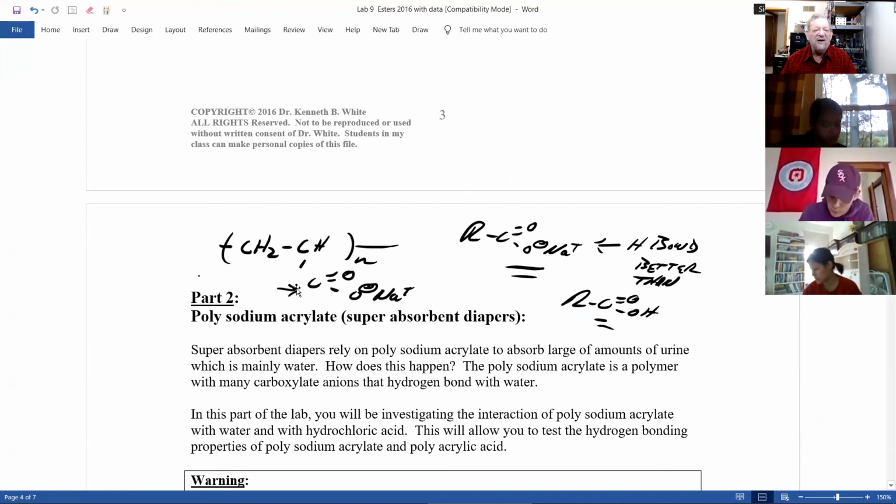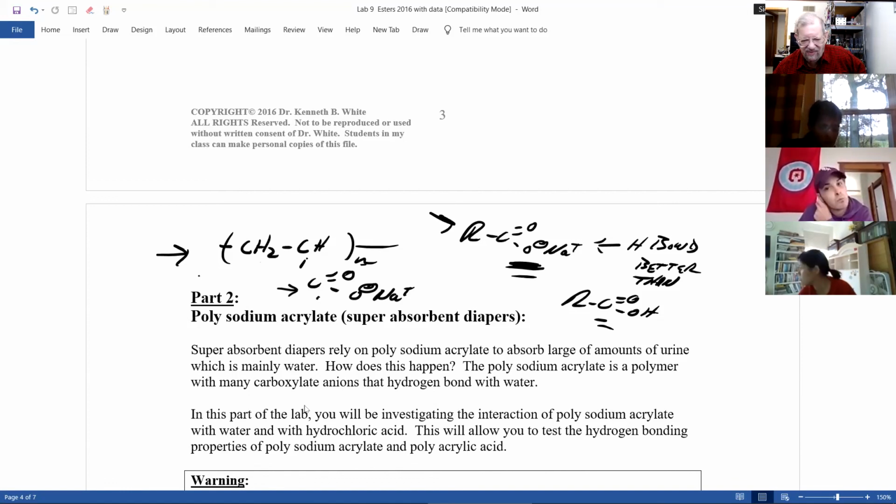All right, here's the sodium acrylate right here. It is CH2CH, then the carbonyl carboxylate anion, all inside that bracket, and there are N of them. N is about 1 million. Now, up here, just in general, this is a carboxylate anion.